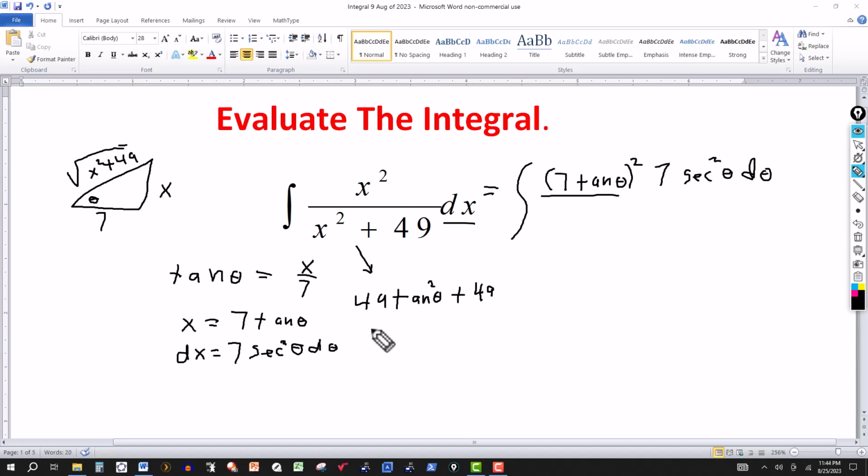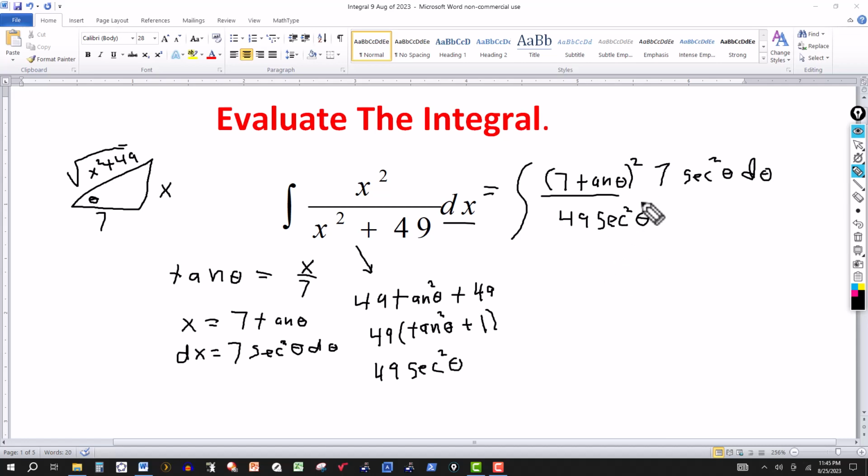Factor out the 49 there. This will give me tangent squared theta plus 1. But tangent squared theta plus 1 is an identity, and that's equal to secant squared theta. So now I can replace the x squared plus 49 by 49 secant squared theta.